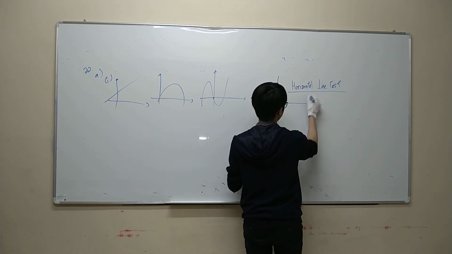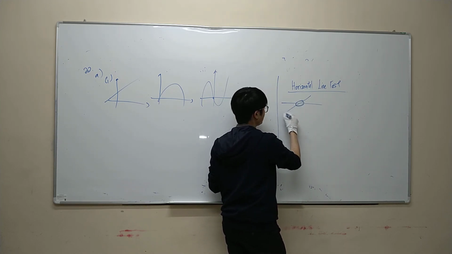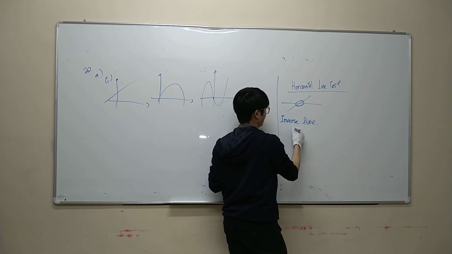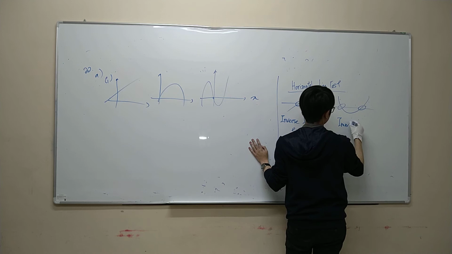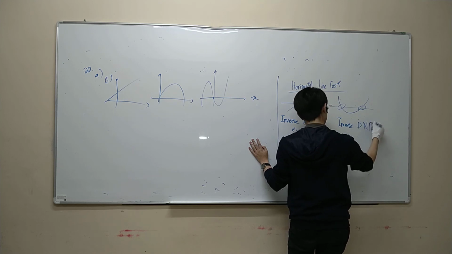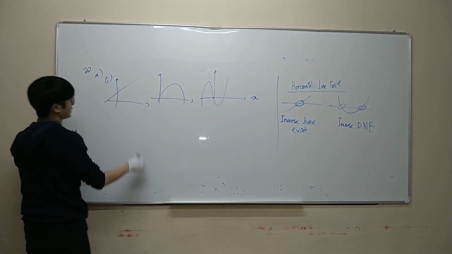If the horizontal line intersects at one point, it means the inverse function exists. Okay? If you draw a horizontal line, but there are 2 points, then the inverse does not exist. DNE must be does not exist. So you do the horizontal line test.